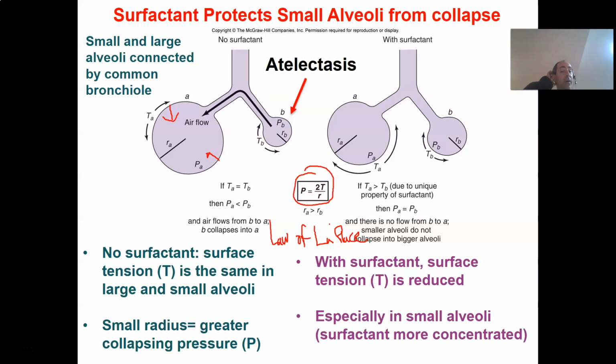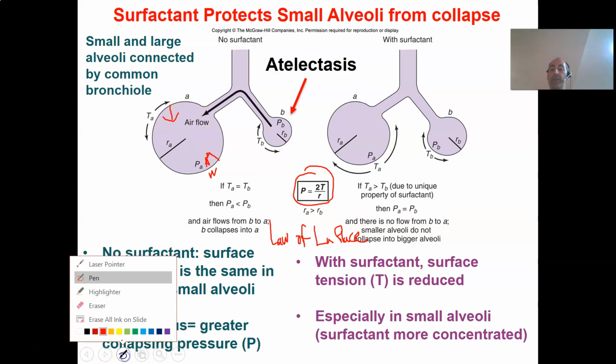The collapsing pressure is equal to 2 times the surface tension, remember, that's the tension at the air to water interface, divided by the radius of the structure. So that needs to be memorized, number one.